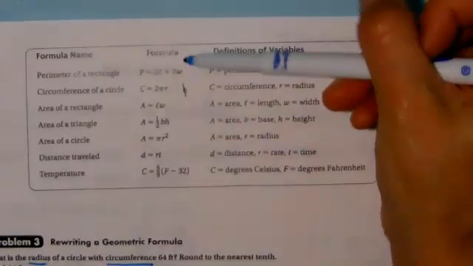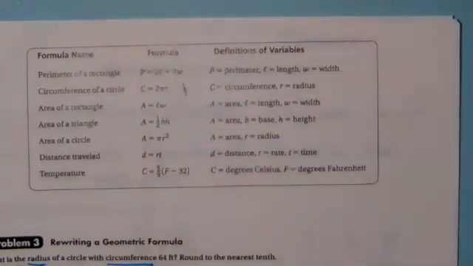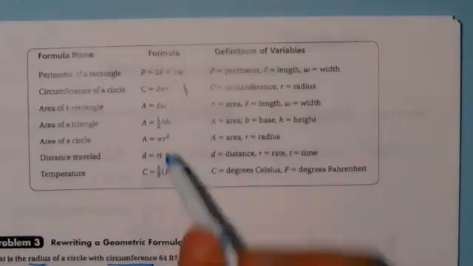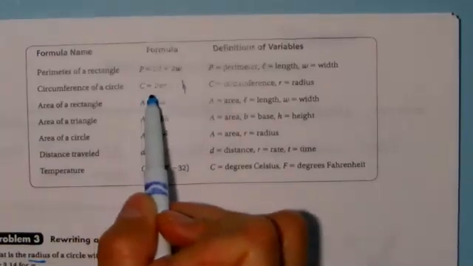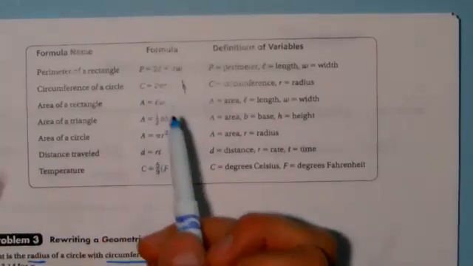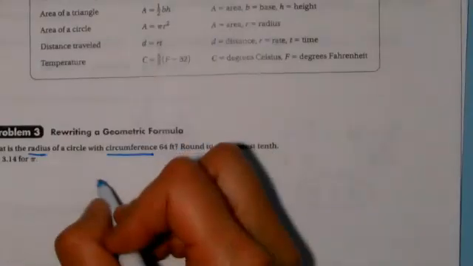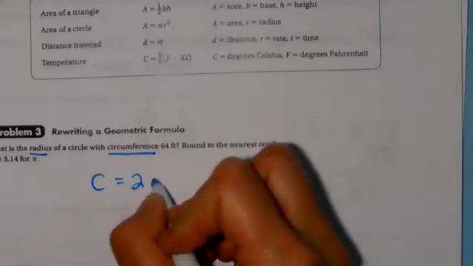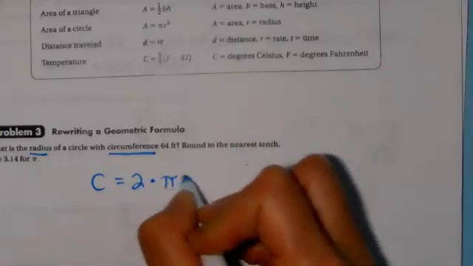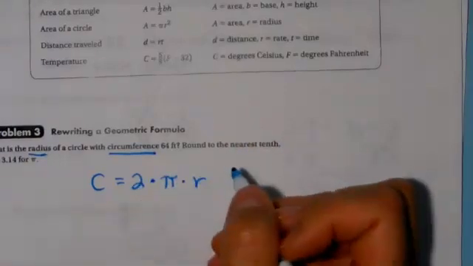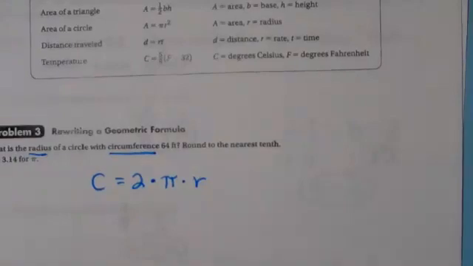So which one of these formulas do you think that you should use? David, go ahead. C equals 2 times pi times R. Yep. So we're going to use C equals 2 times pi times R. So you would pick that out from that formulas page is what you would do.